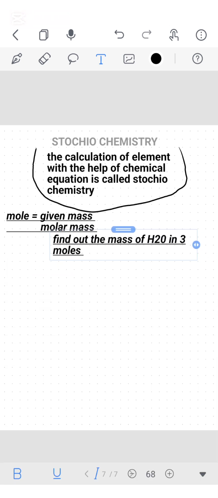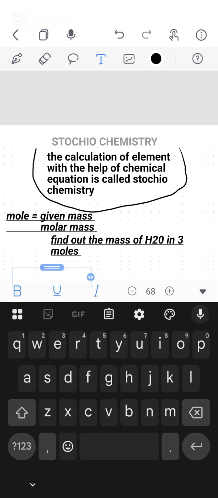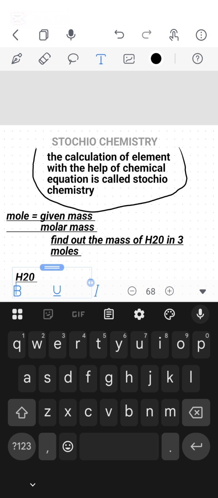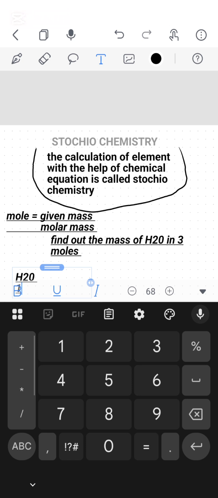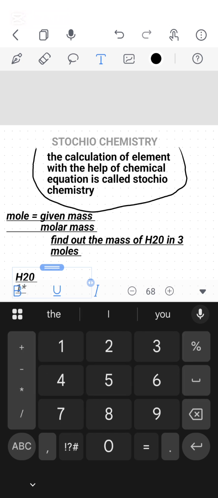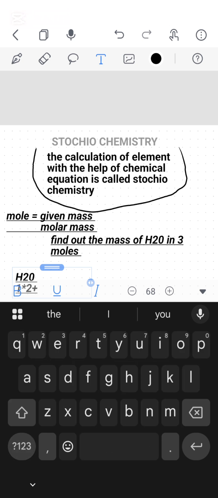So we will be doing the simple thing. We start with finding the molar mass of H2O. Hydrogen has an atomic mass of 1, so we write 1, and since there is a 2 with H, we multiply by that 2, and then we add the atomic mass of oxygen, which is 16.